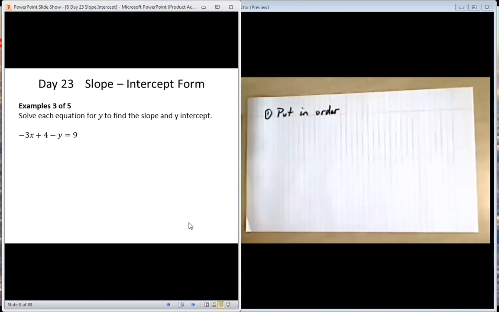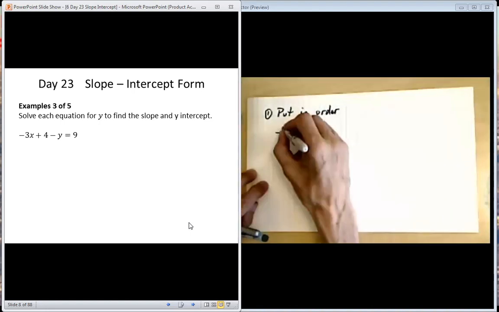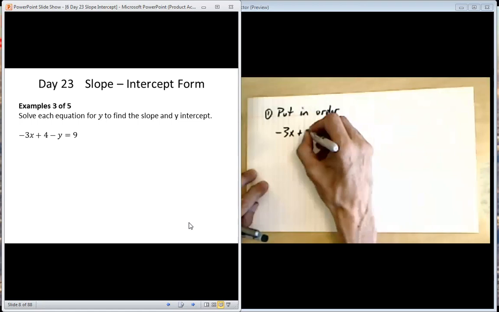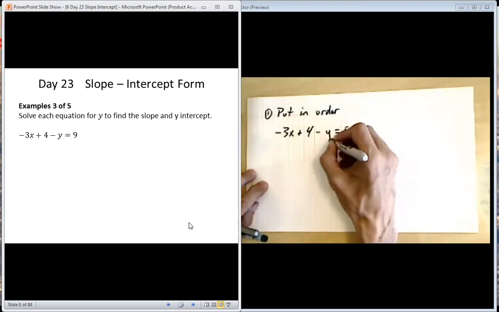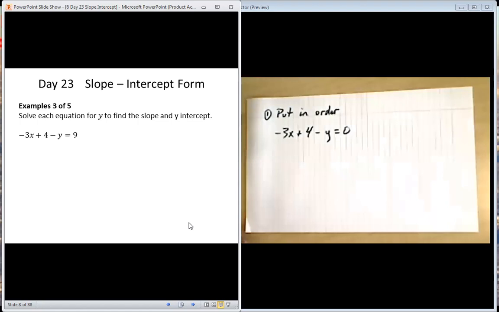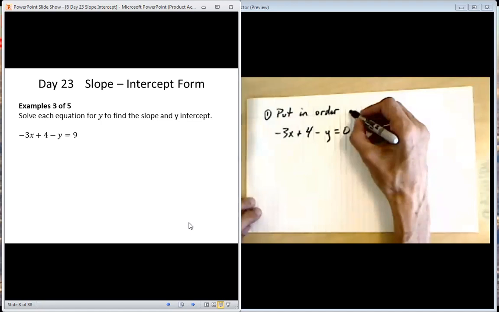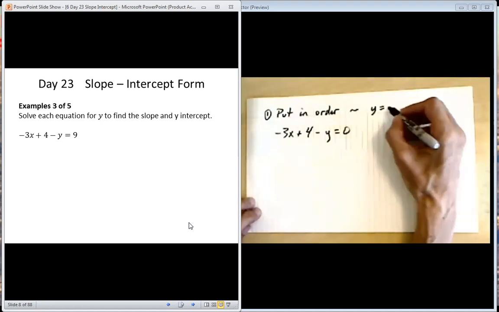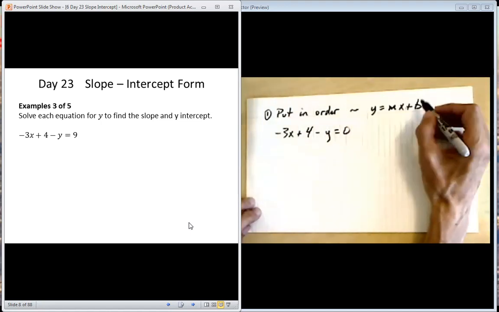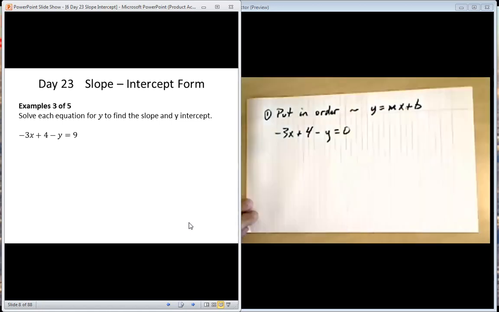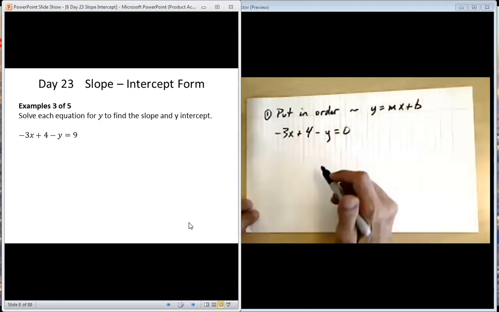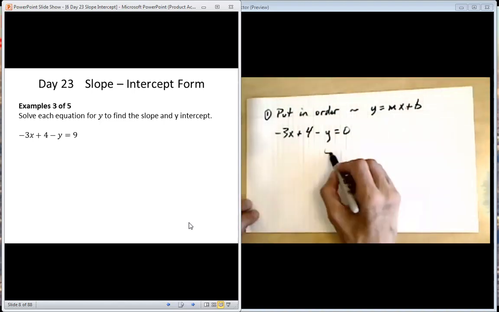So to begin with, we got our minus 3x plus 4 minus y is equal to 0. So what do we got to do to put this in order? In order being y by itself, and then the x, and then a number. What do we got to move? Nice.